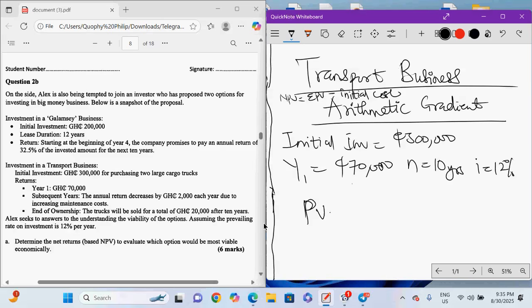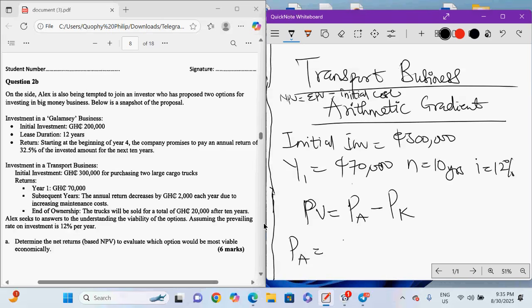So what is the present value? The present value of the annuity minus the present value of the gradient, right?